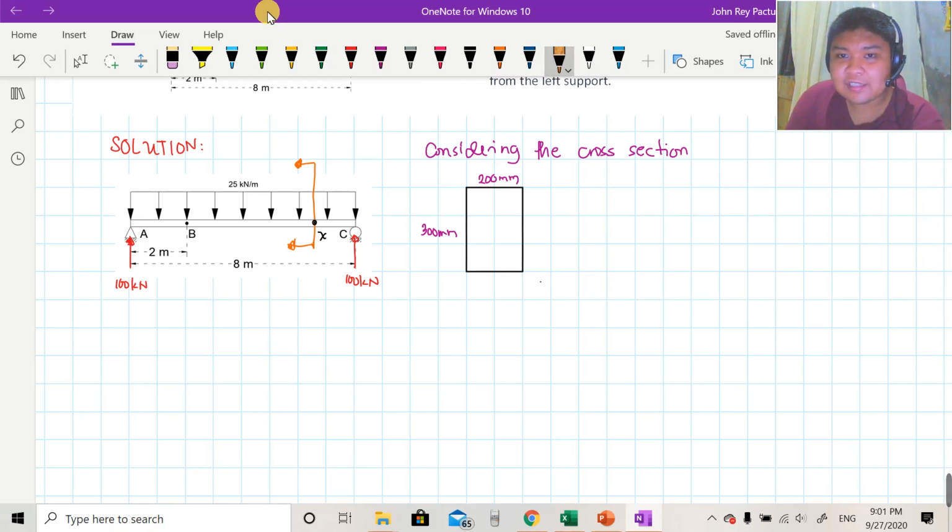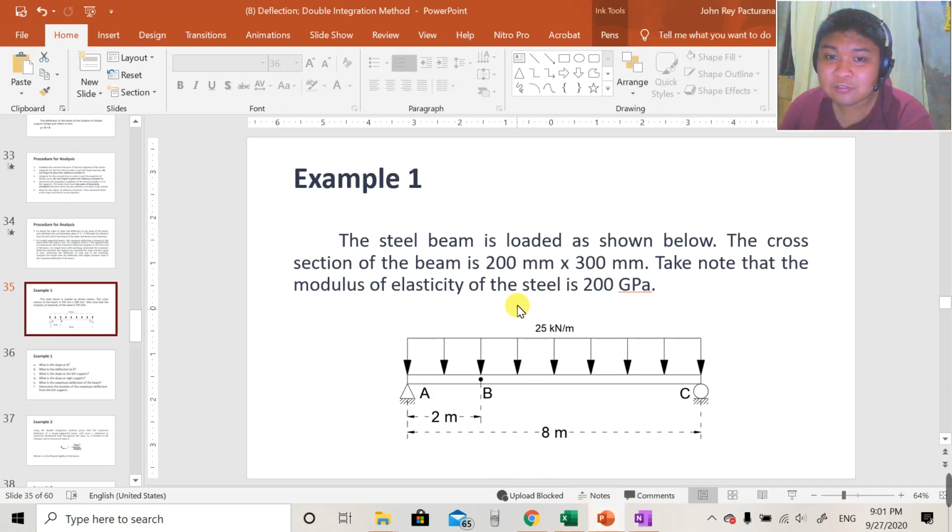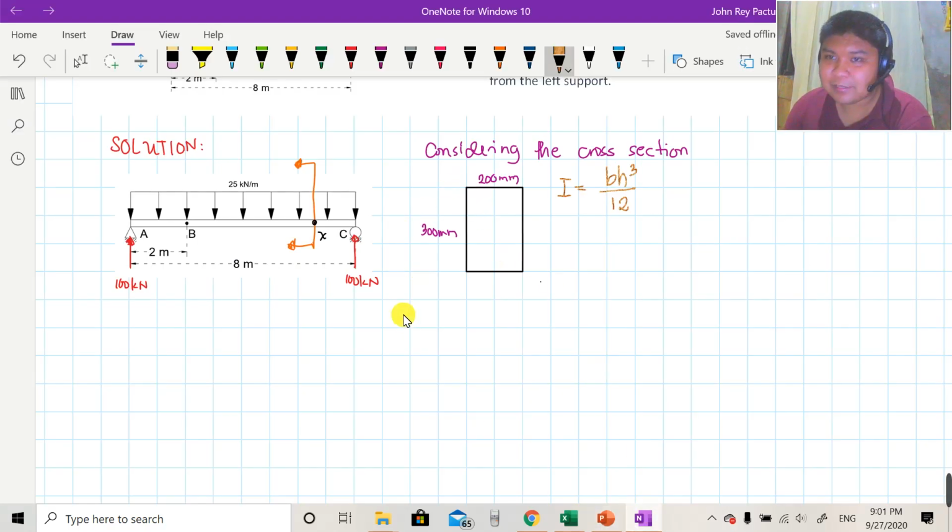So, kung maalala nyo sa strength of materials o kaya sa statics, ang moment of inertia class ng rectangle is always bh cubed over 12. And yes, it is understood class na kapag rectangle, ang unang binasa na 200 is the width of the rectangle and yung pangalawa is the height. Always yun. Width times depth. So, tama ito class. Hindi man pwedeng pagbaliktarin na dapat ganyan ang interpretation nyo kapag ganyan yung binigay na dimension ng rectangle.